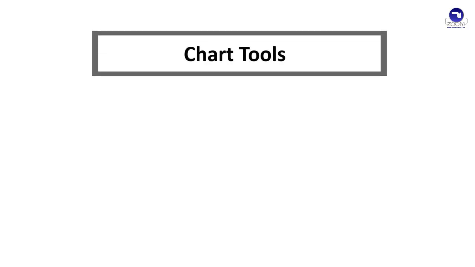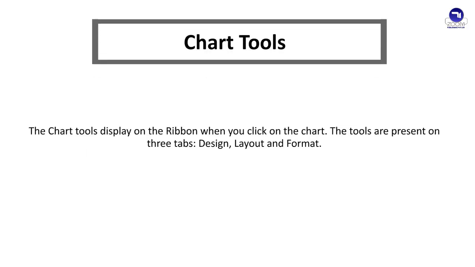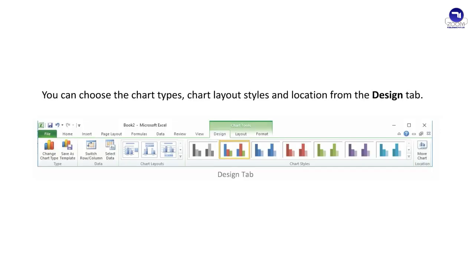Chart Tools. The chart tools display on the ribbon when you click on the chart. The tools are present on the three tabs: Design, Layout, and Format. You can choose the chart types, chart layout styles, and location from the Design tab.